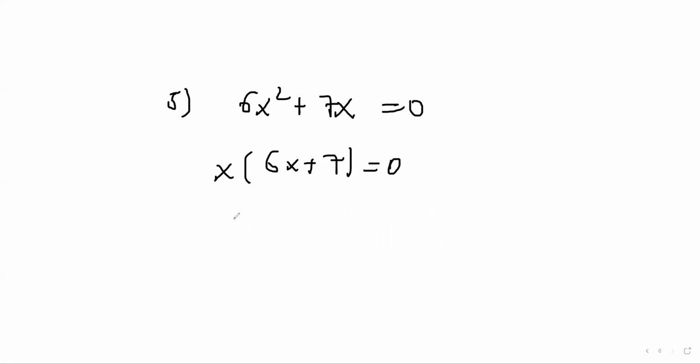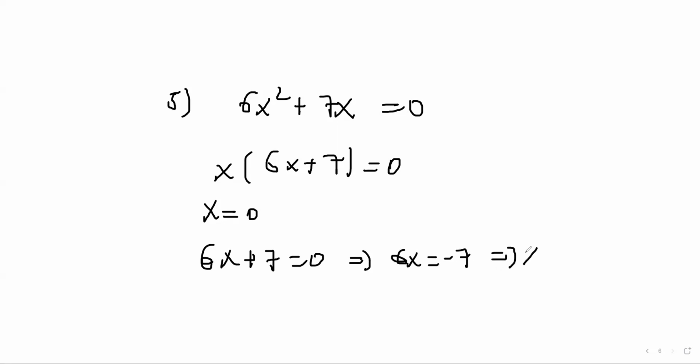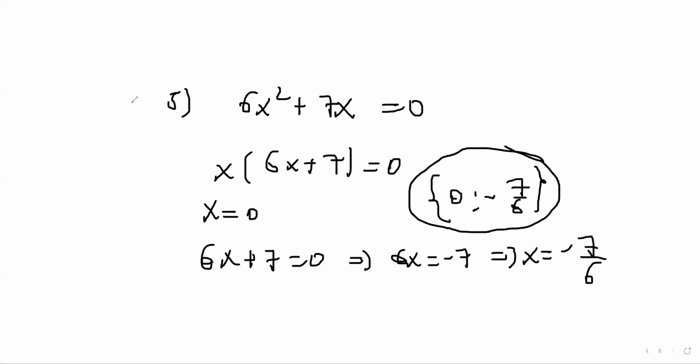And obviously we have x equals 0 and 6x plus 7 equals 0. From here we get 6x equals -7, and obviously x equals -7 divided by 6. So we have two roots here, 0 and -7 divided by 6. These are the solutions for this quadratic equation.